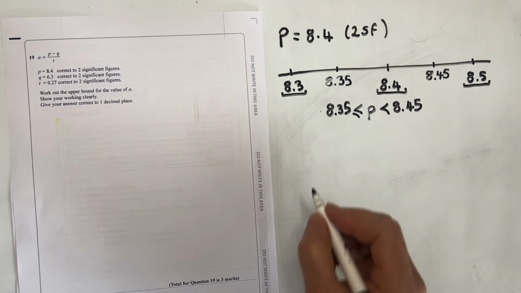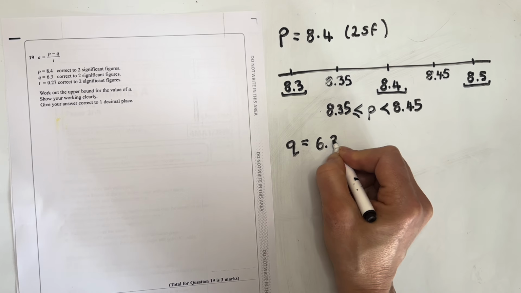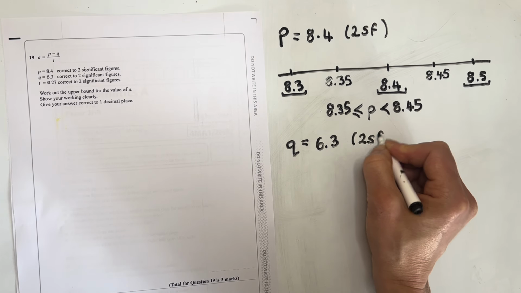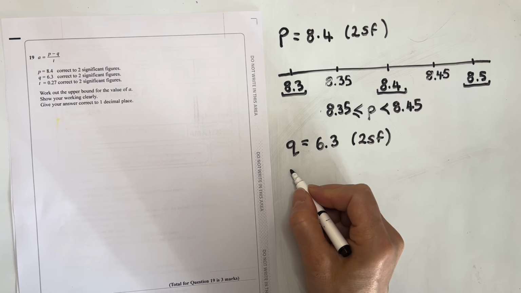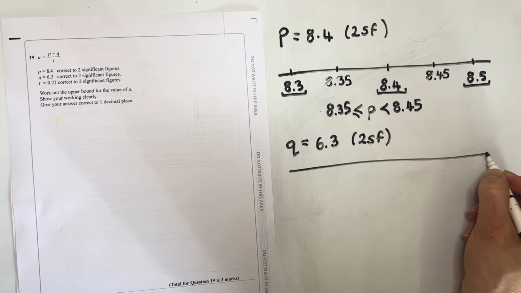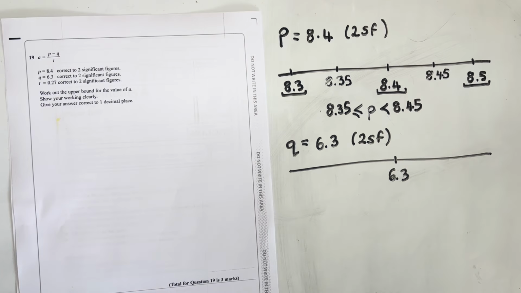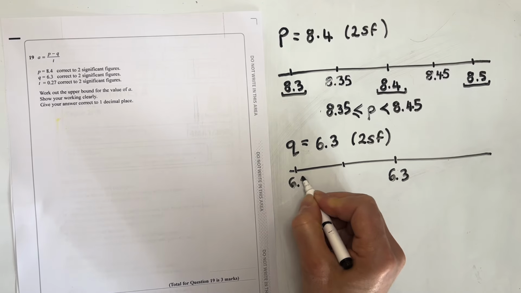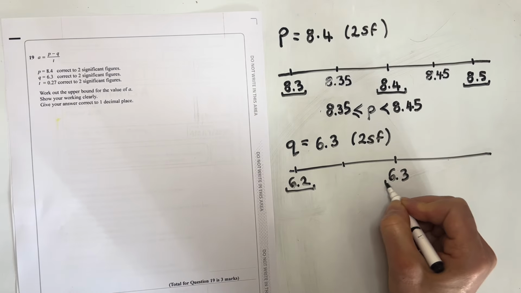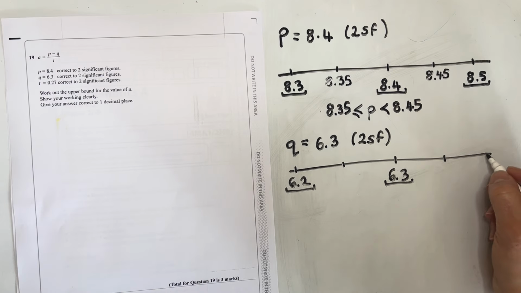If we do the same for Q, we're told Q is 6.3 to two significant figures. This means if my value goes too low, I'll round down to 6.2. If the value I choose is too high, it would round up to 6.4.